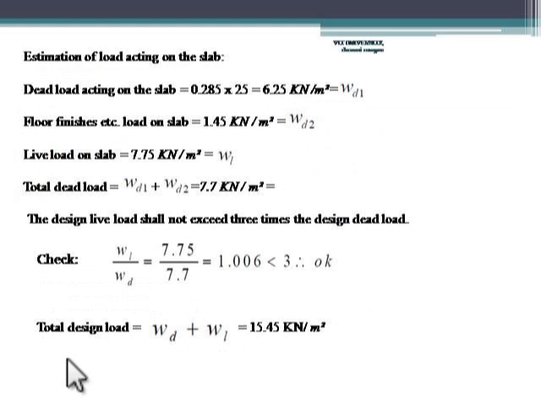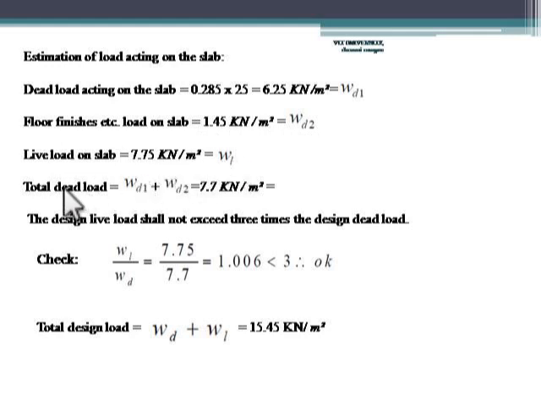Estimating of load acting on the slab. Dead load acting on the slab is equal to 0.25 into 25, that is 6.25 kilonewton per meter square, that is WD1, and floor finish we are taking as 1.45 kilonewton per meter square, that is WD2. The live load is 7.75, that is WL.